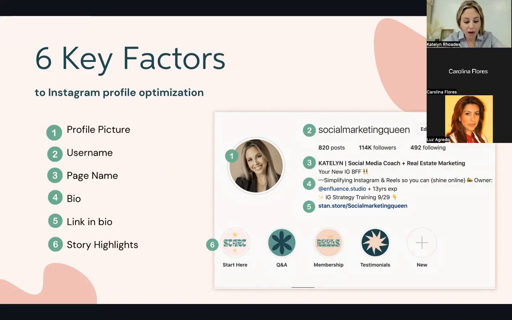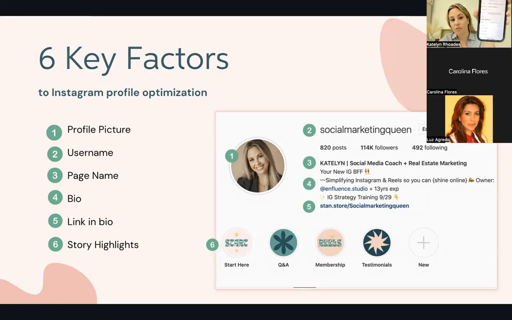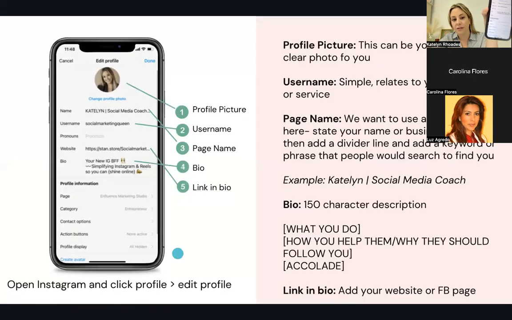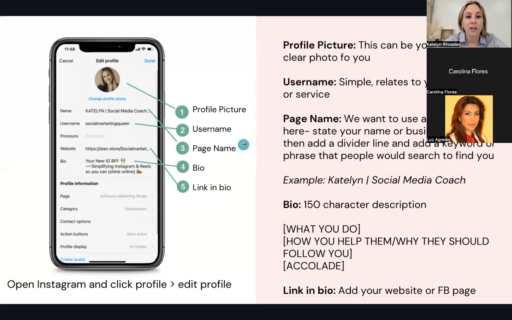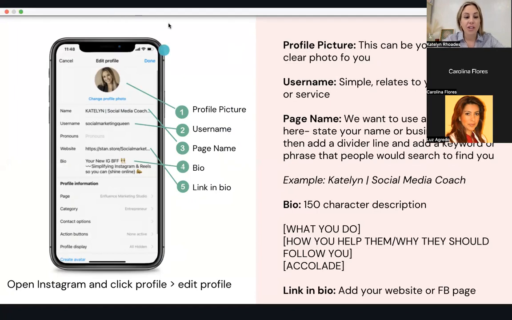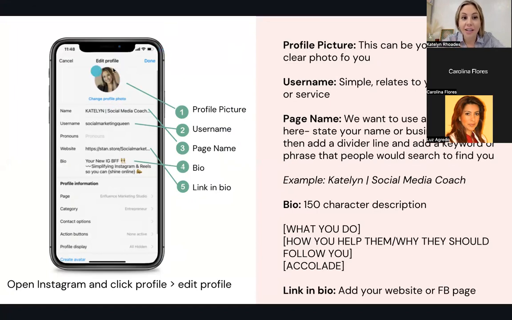And then if you press edit profile, you will get a screen that takes you to all of this goodness right here, which I'm going to show you right here. So there's a couple different things that we're going to go through here. We're going to go through your profile picture, your username, your page name, your bio, and then your link in bio.